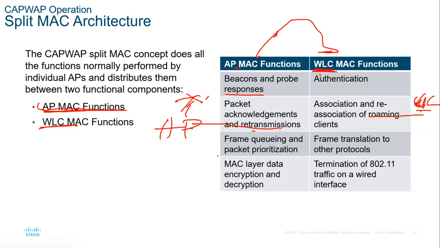Frame queuing and packet prioritization are done by the AP, but frame translation to other protocols is done by the wireless LAN controller. So the controller MAC function is the one that manages, and the AP is the one that is standalone. But with all these other APs in a controller setup, they will be forced to forward to the controller for management.